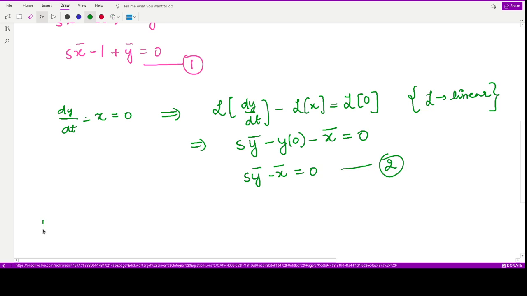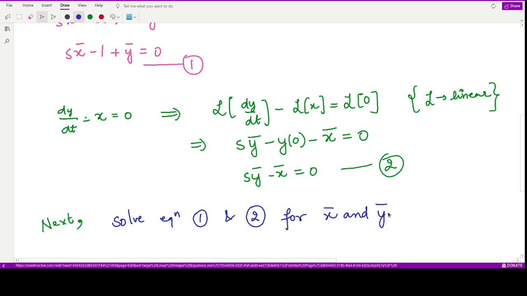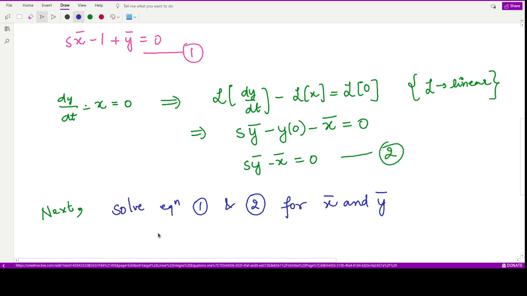Now the next step is that we have to solve equation 1 and equation 2 for y bar and x bar. That means you have to calculate the value of y bar and x bar.